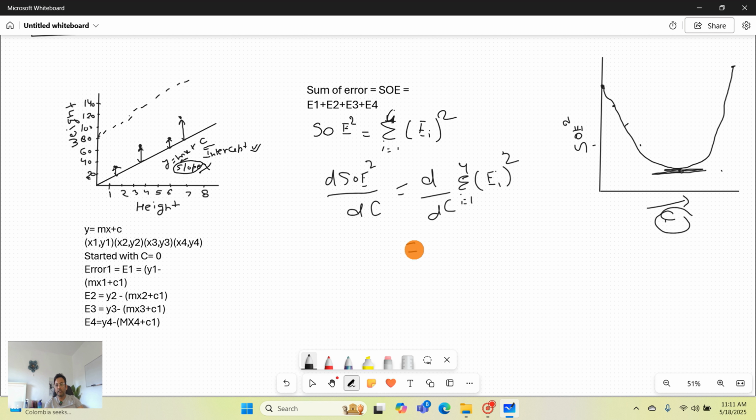If I look at the error, what is the error? Error is the observed value and the predicted value, and the difference of them.